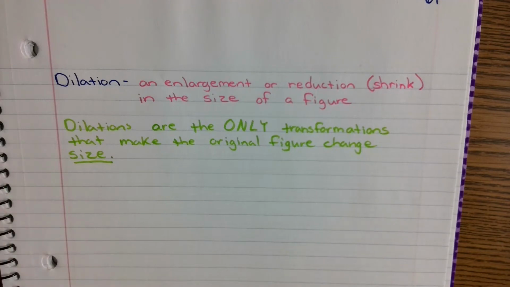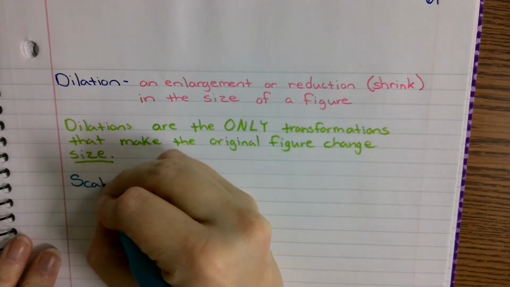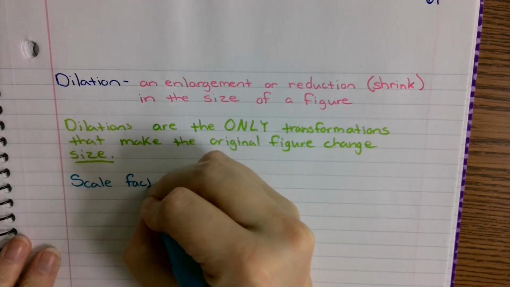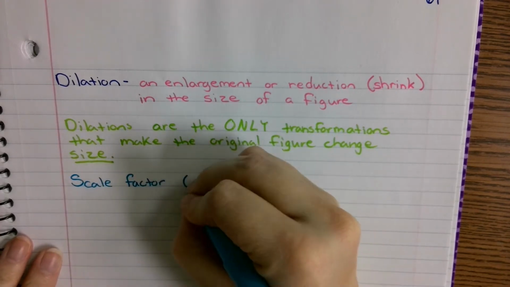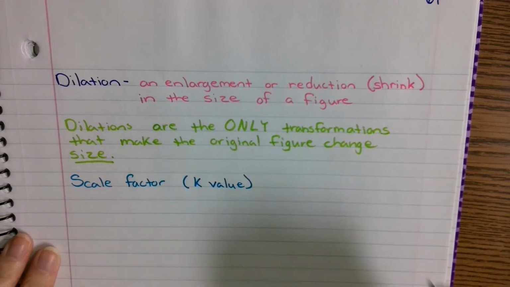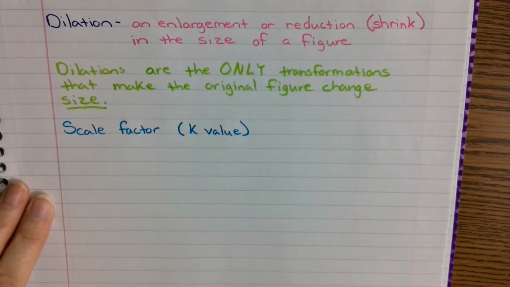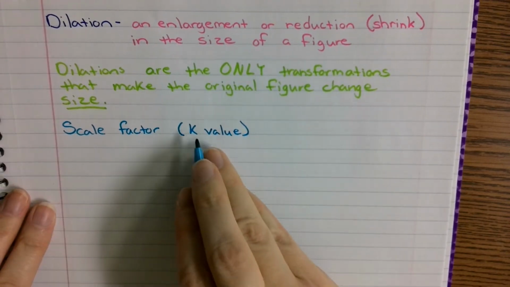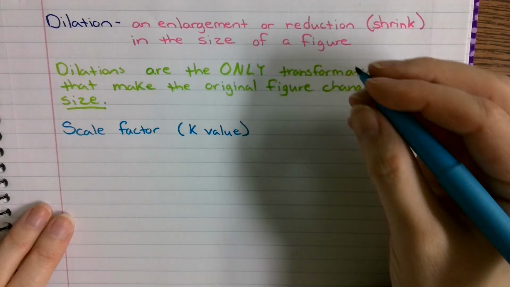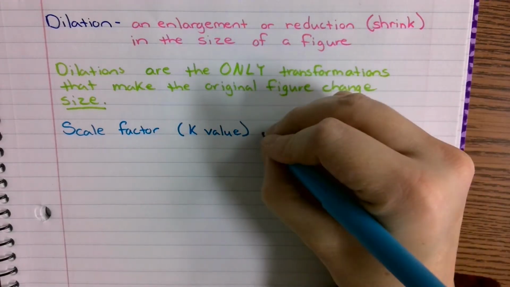And how it affects it is based off of what's called a scale factor. So the scale factor, we call it a K value. So you know when you have your coordinate system, your coordinate grid is going to be an X and a Y. Well, you've got a K that is a value that's going to alter your pre-image.